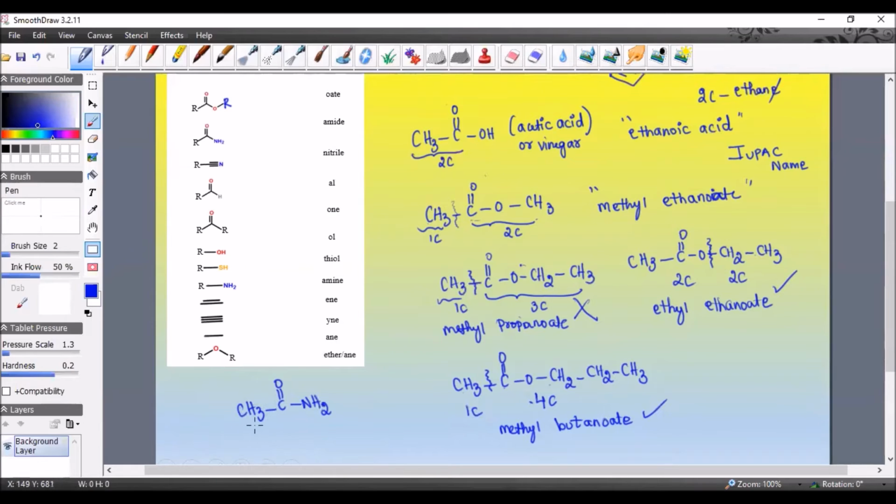This is the amide, but we have 2 carbons now. What is 2 carbons? It is ethane. So get rid of the E and then write the amide, ethanamide.